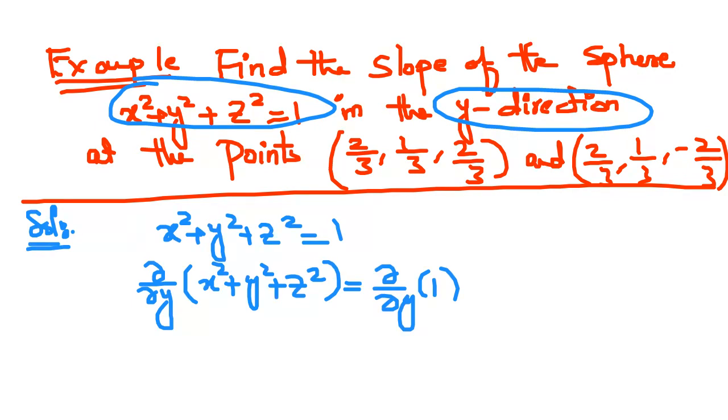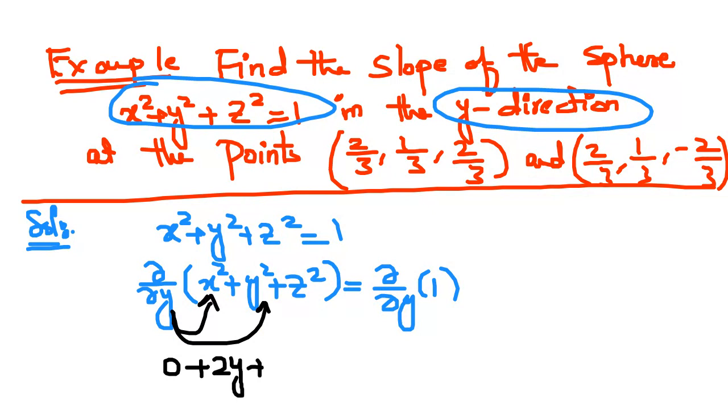Now, what is the partial derivative of x square with respect to y? 0. Yeah, 0. What is the partial derivative of y square? 2y.